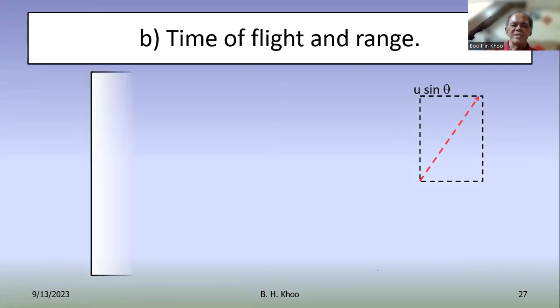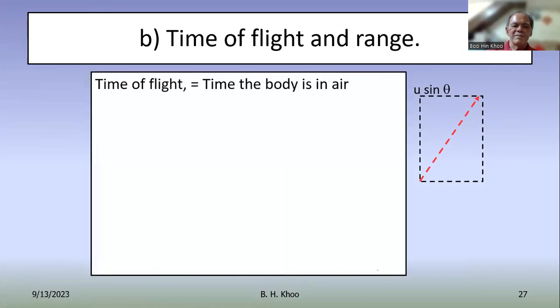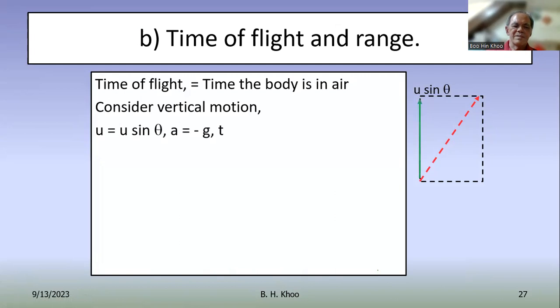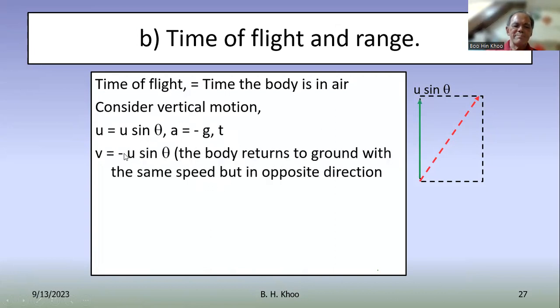Time of flight and range. Time of flight means the time the object or the body is in the air. So we consider vertical motion, because the time of flight is determined by the time the body is in the air. That's our initial velocity in the y direction. Now a equals minus g, and we are interested in time.